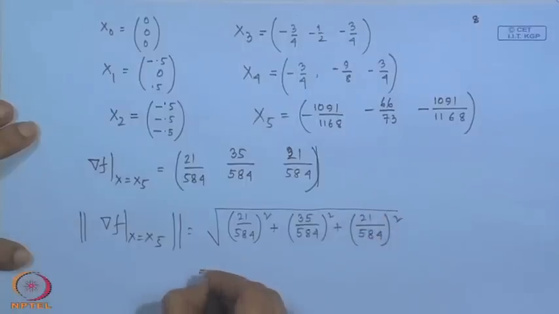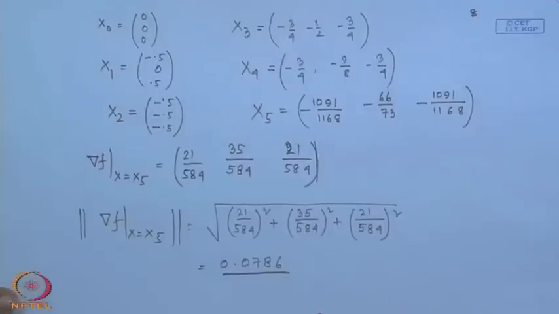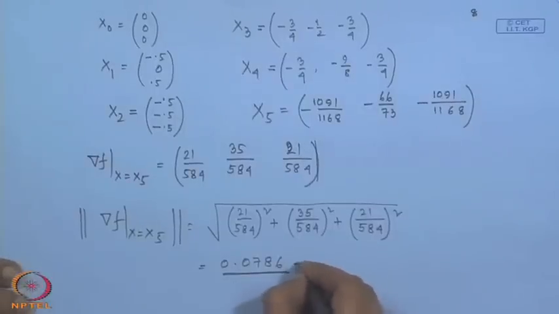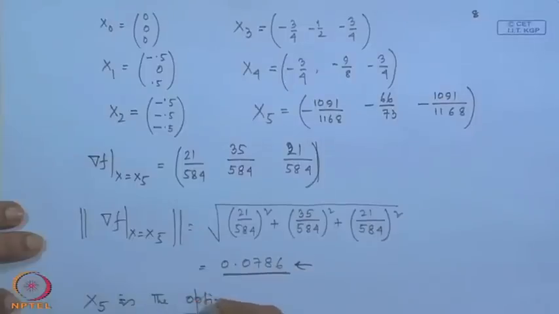This value is coming 0.0786. We may consider this a very small value. That is why we can stop our iteration at this point, and we can declare that x 5 is the optimal solution for this optimization problem.